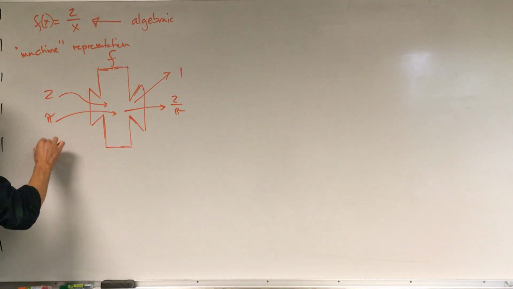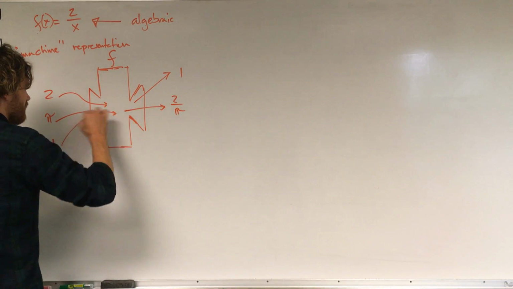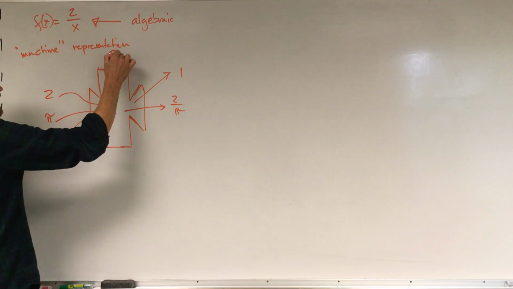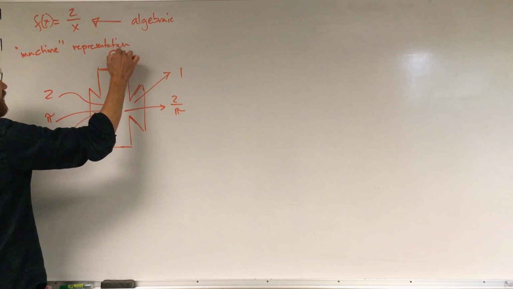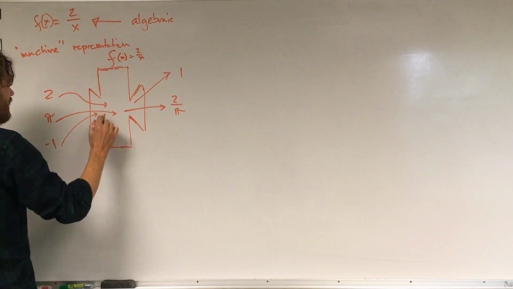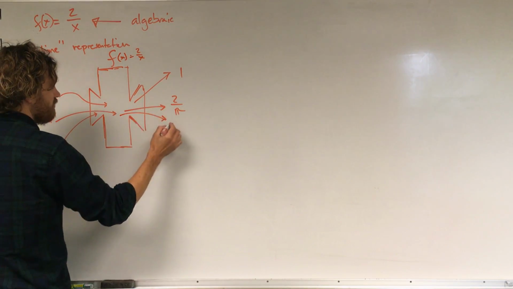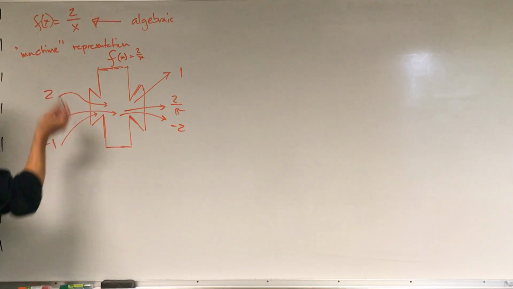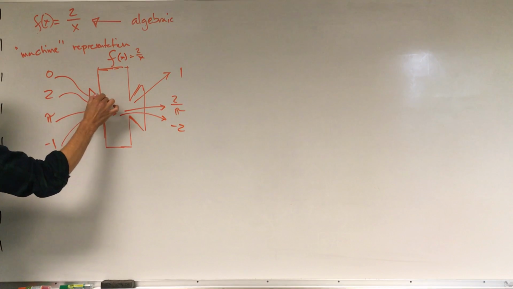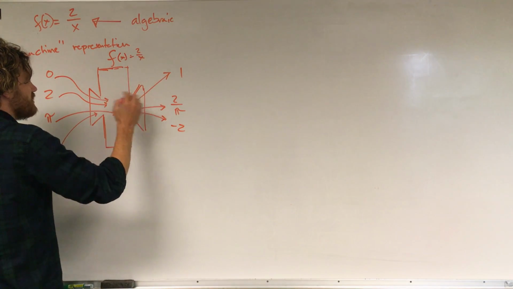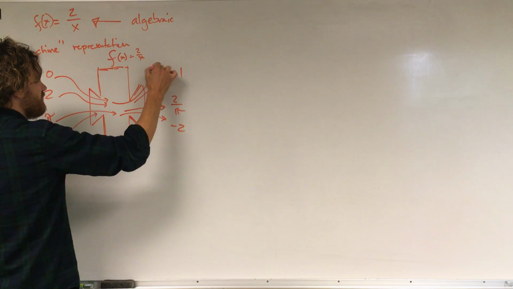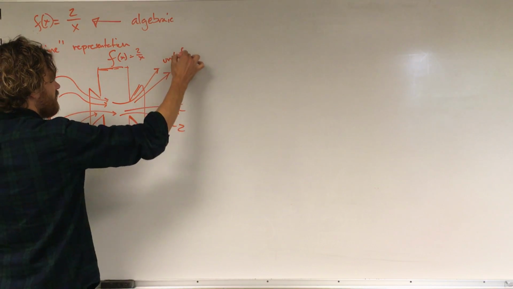If I plug negative 1 into this function, plug into the function machine f, which is, by the way, f of x equals 2 over x, out comes 2 over negative 1, which is negative 2. If I plug 0 into this function, I get 2 over 0, and that, my friends, is undefined.